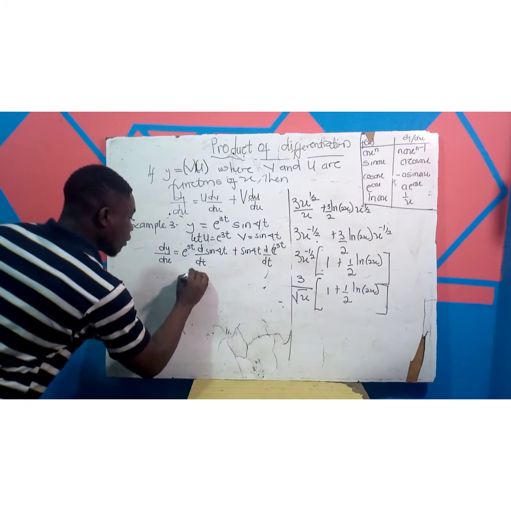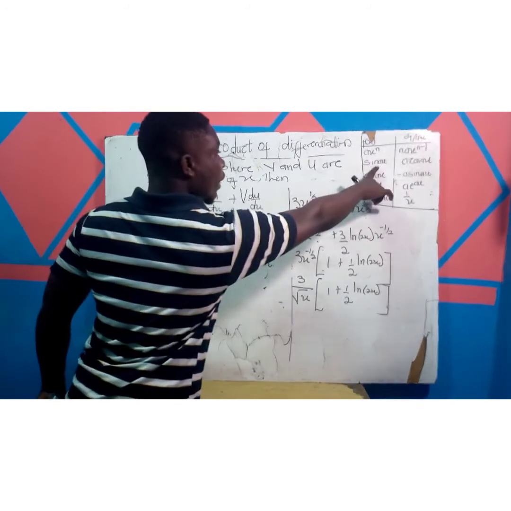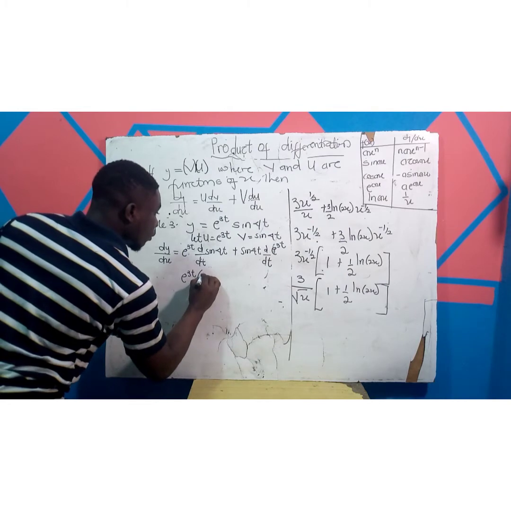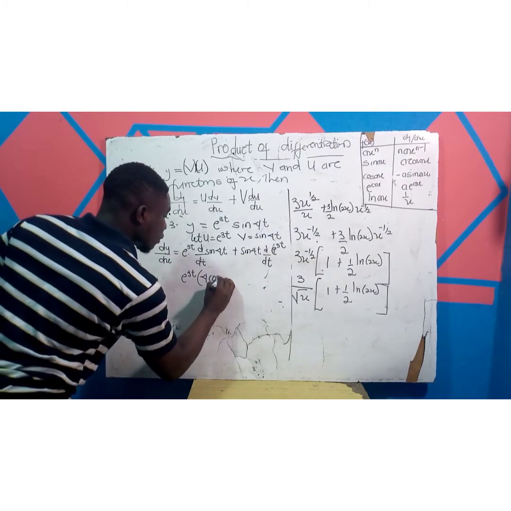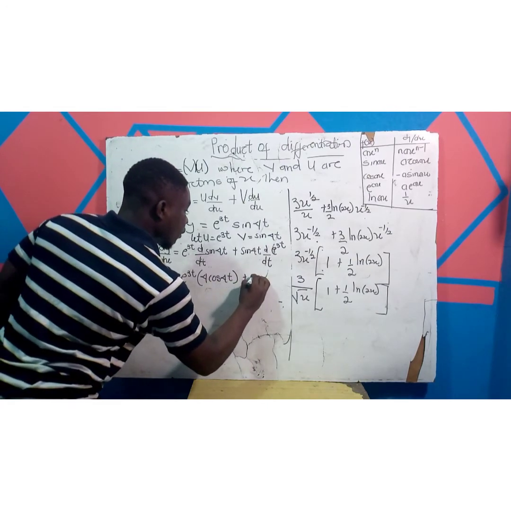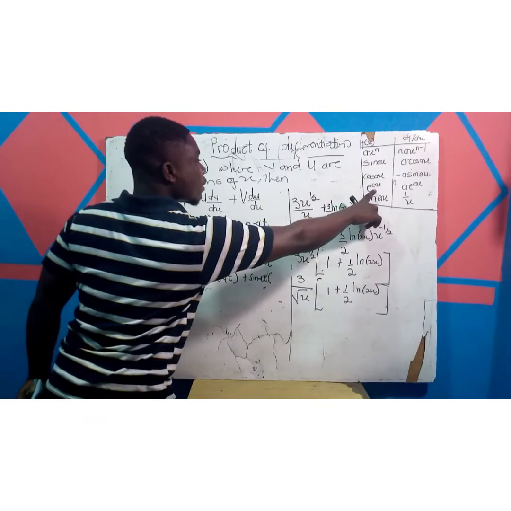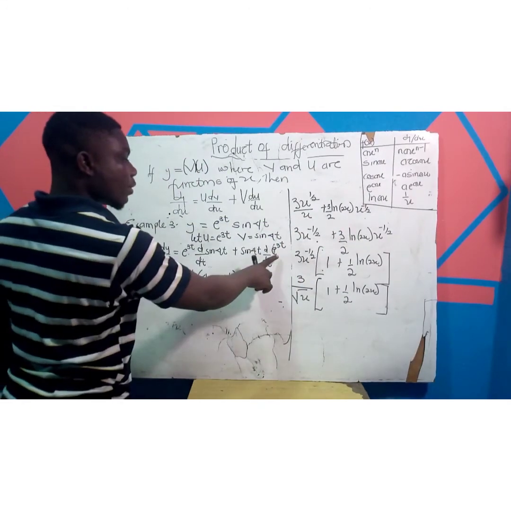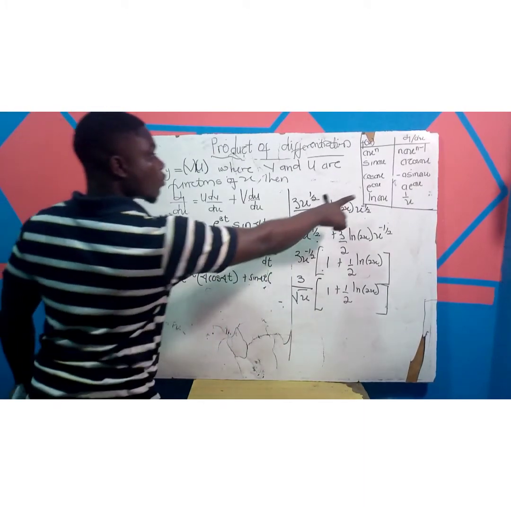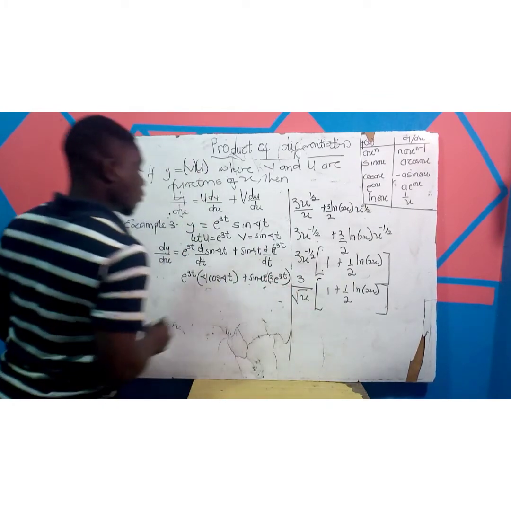You have 3 e. If you want to differentiate sine ax, now it's in terms of t, so cos, so we have 4 cos 4t. Plus, keep sine 4t constant, differentiate the next, e exponent ax, now e exponent 3t, so we have 3 e exponent 3t.